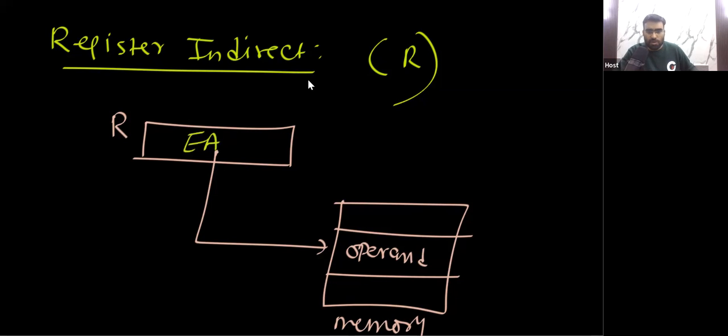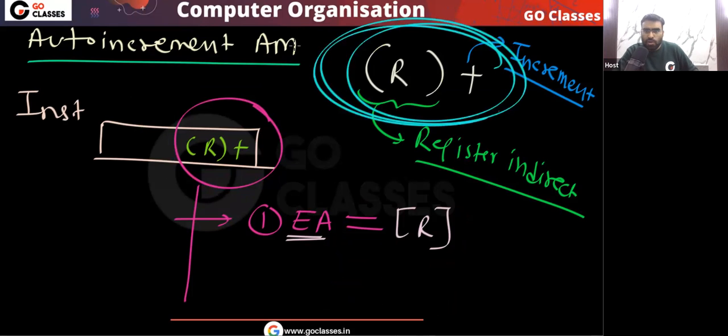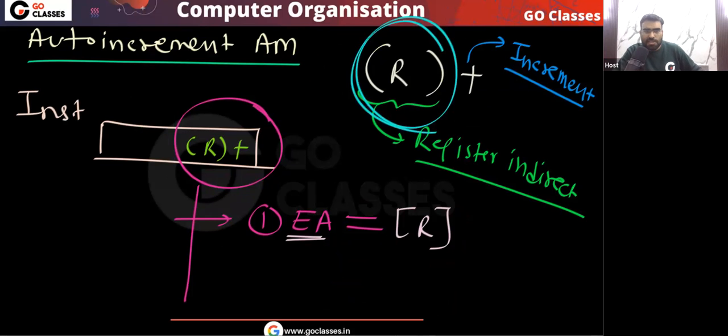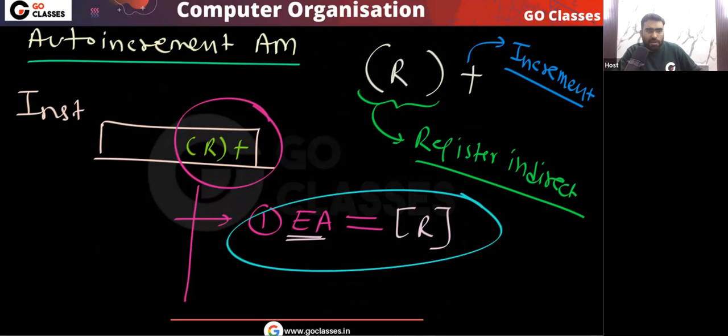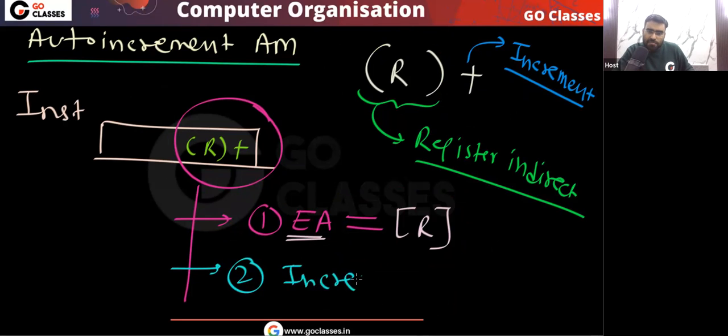So very simple. The same thing is happening here in the auto increment addressing mode. This will do two things. First, register indirect means the effective address will be calculated. Then increment will happen. Then increment R. By how much?